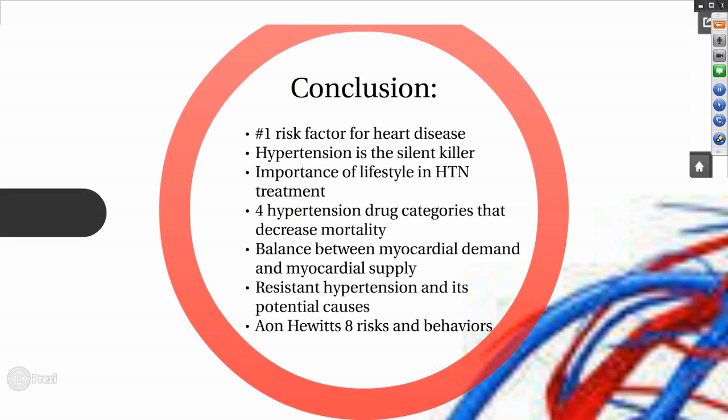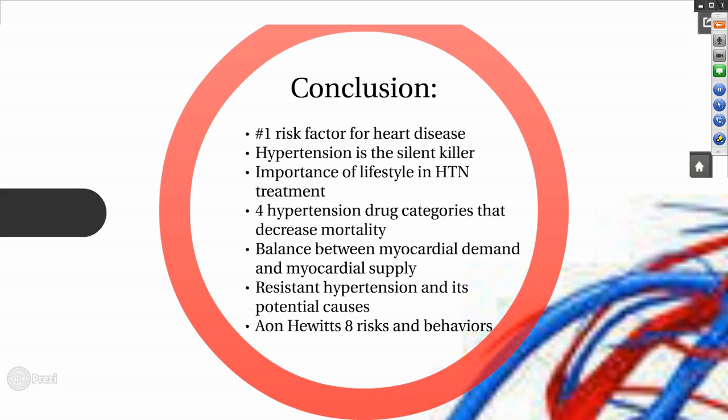So, in conclusion, we talked about the number 1 risk factor for heart disease being hypertension, and how hypertension is the silent killer. We talked about the importance of lifestyle and hypertensive treatment, and these 4 recommended drug categories that benefit our mortality and our cerebrovascular and cardiovascular outcomes.